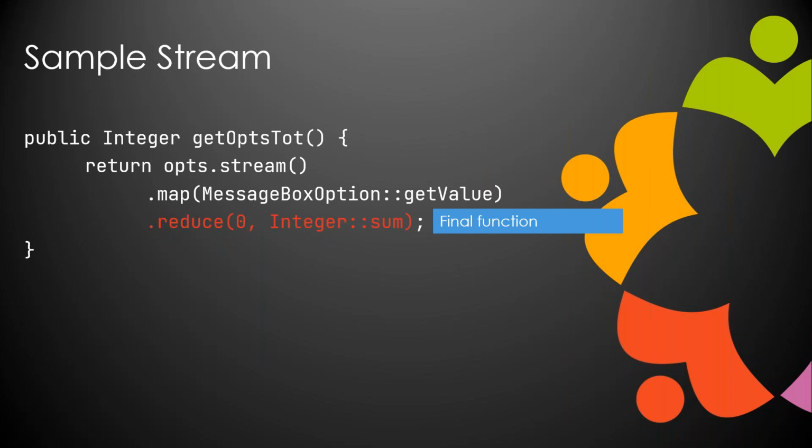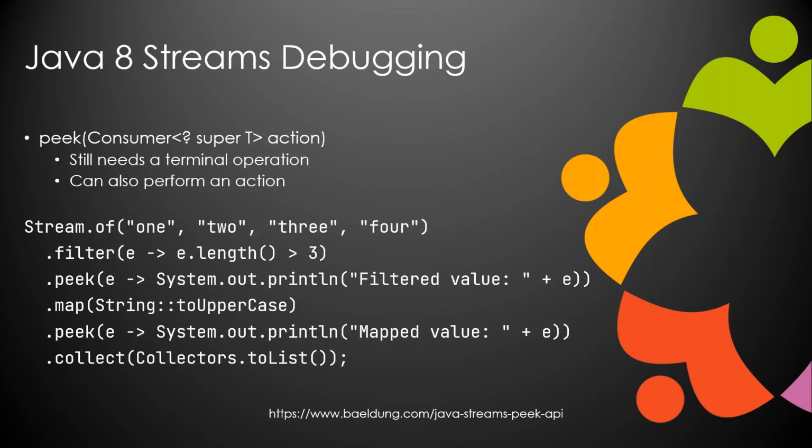So we're using integer.sum. So we're using the double colon notation there. We're passing each value into integer.sum and totaling the overall enums, which is how we got the 17. So that's a sample of a stream.